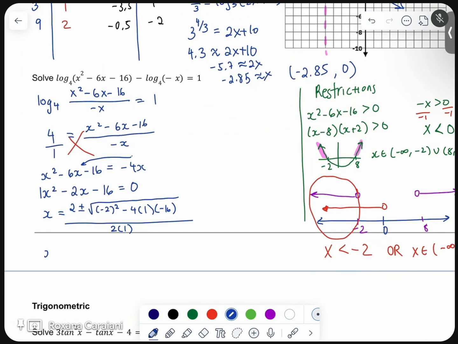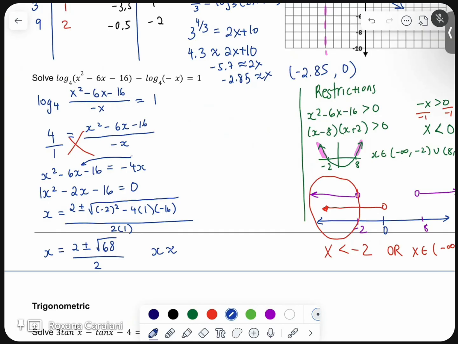And now I'm going to clean this up. I'm going to clean up the part under the square root and the denominator. And I got 68. The fact that I got a number that's not a perfect square under the square root tells me that this wasn't factorable. And now I'm going to punch it into my calculator.